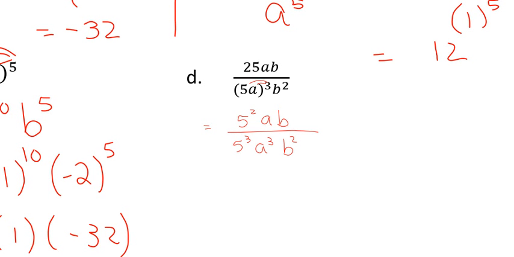You can do 25 divided by 125, and then you can simplify. So that would give me 5 to the power of negative 1, because 2 minus 3. And then for the a, it will be a to the power of negative 2, because 1 minus 3. And b is 1 minus 2, so that's negative 1.